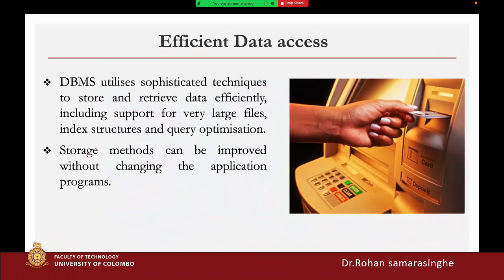Then, efficient database access. When you consider efficient database access, the DBMS utilizes sophisticated techniques to store and retrieve the data efficiently, including support for very large files, index structures, and query optimization. Those are some advanced topics in databases.